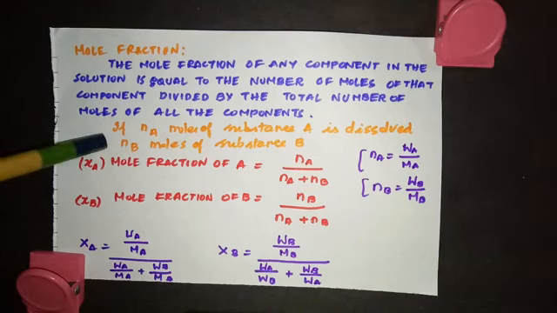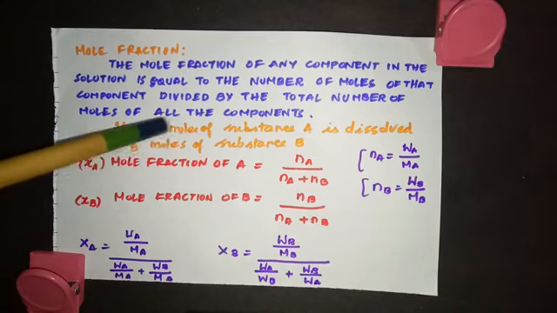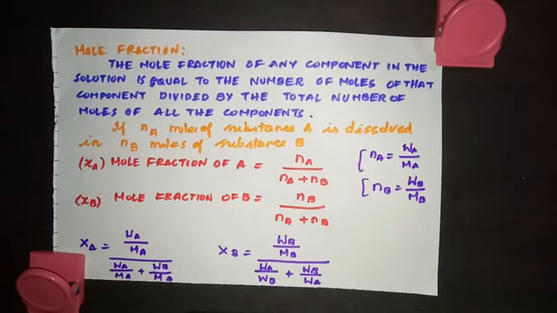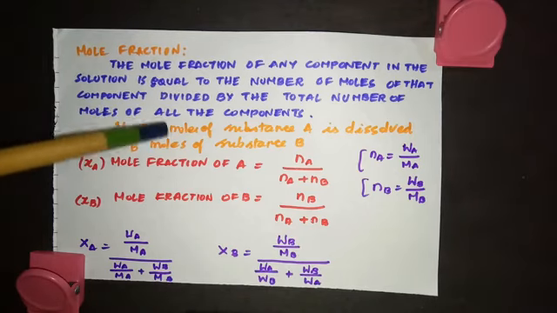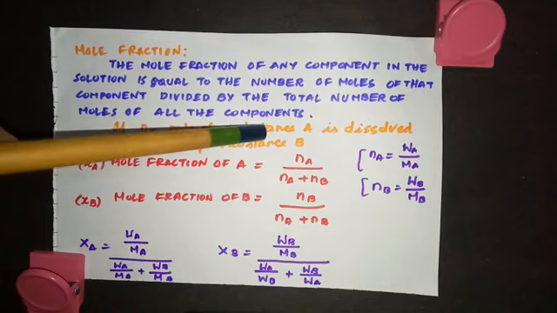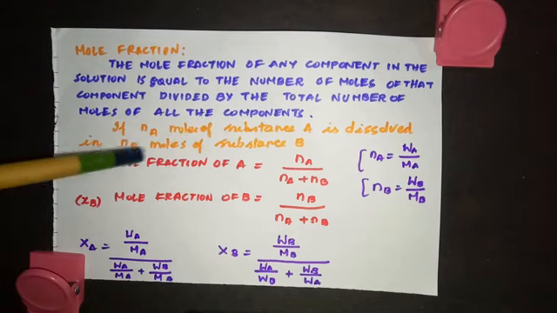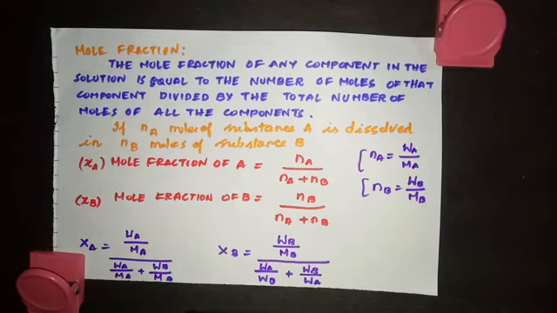Now see, if there are Na moles of substance A, like we say 3 moles of A or 5 moles of A or 10 moles of A, I am representing it as Na moles of substance A, and I am dissolving it in Nb moles of substance B. So it's a binary mixture. I'm taking two components A and B, Na moles of A and Nb moles of B, and mixing them together.